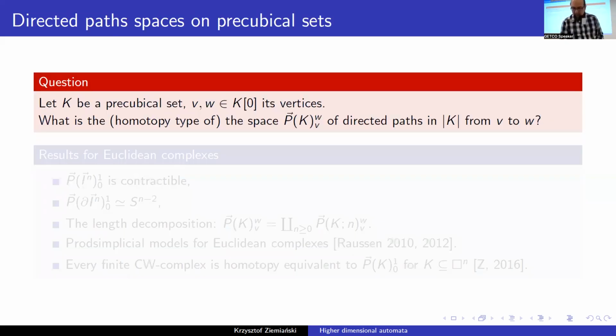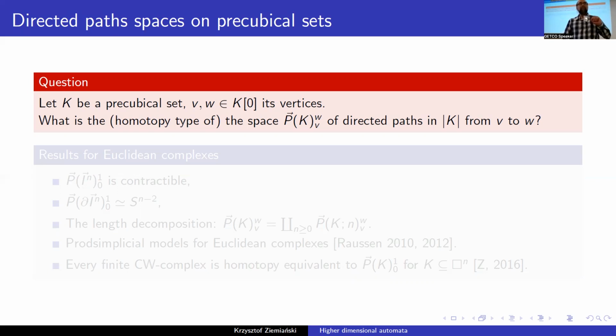So the main goal of the first part of my talk is to answer the question. We have some precubical set, we have two vertices of this precubical set, and we ask what's the space of directed paths which start at one vertex and end at the other vertex.